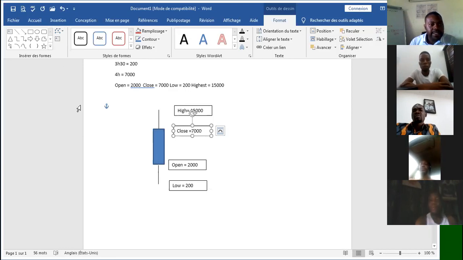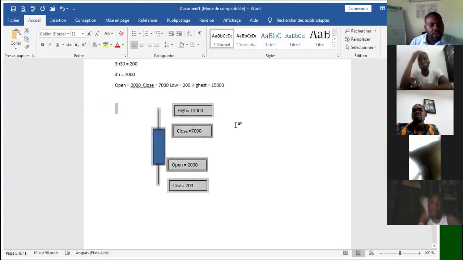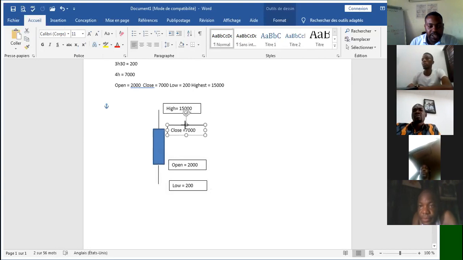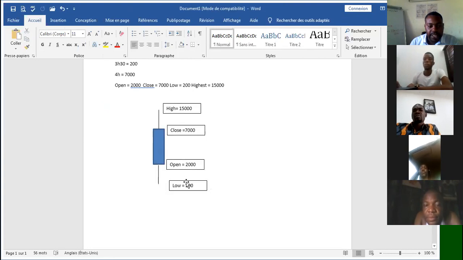This is our first candlestick, not looking at any chart. This is the first candlestick that we have drawn, and I'm going to explain it to you. What I want you to know is that you should understand the story of every candlestick. Every candlestick has a story.